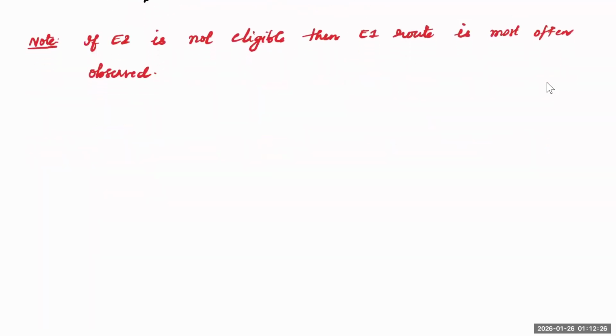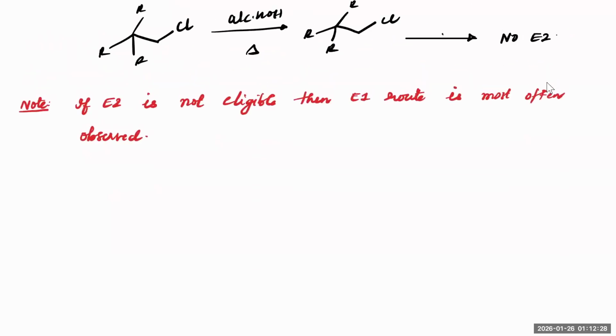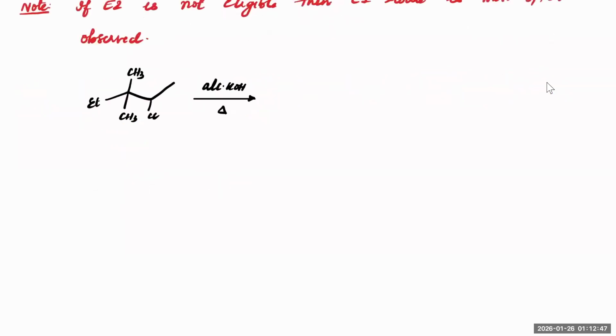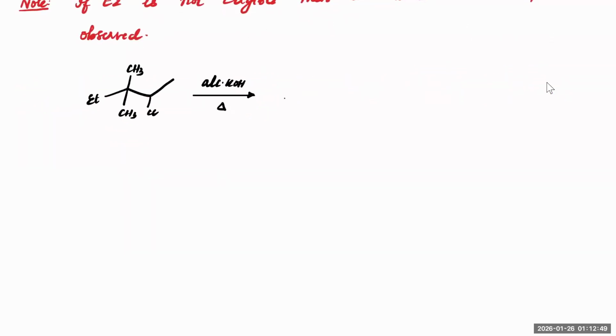So what is the E1 route in this case here? Suppose, imagine this case, I have an ethyl, methyl here, and then there is a chlorine here reacting with a strong base like alcoholic KOH. I'll explain what exactly this alcoholic KOH is also.